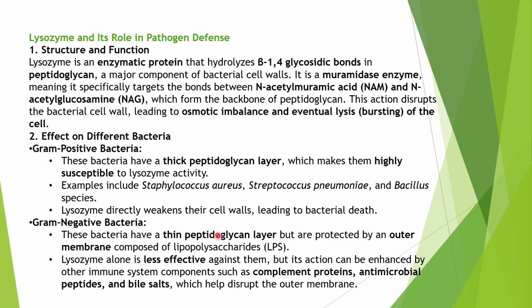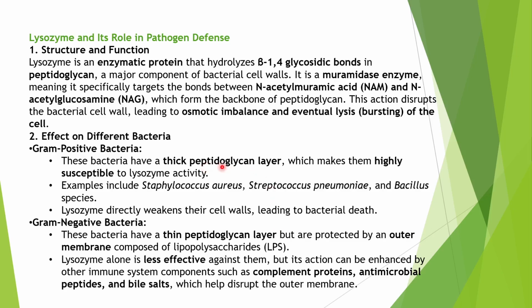So first, to get access to the peptidoglycan layer, we have to eliminate the LPS outer membrane. When complement proteins, antimicrobial peptides, bile salts or any other chemical first clear out the LPS, then lysozyme can attack the second layer, which is your peptidoglycan layer in gram-negative bacteria.